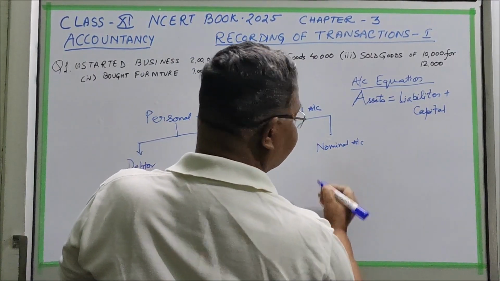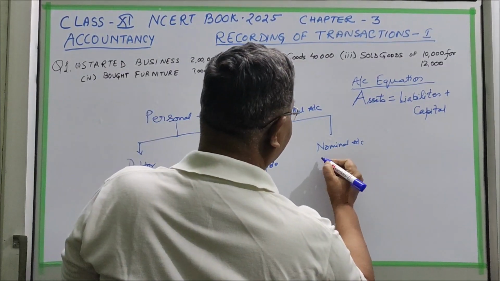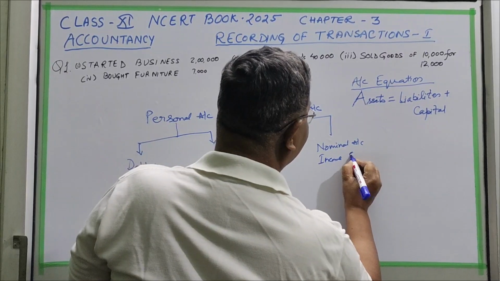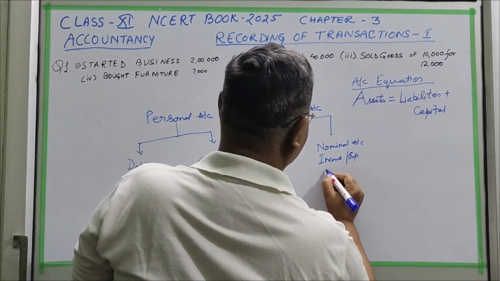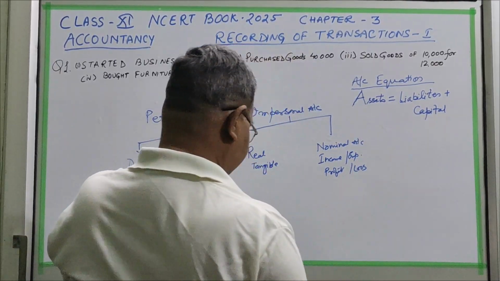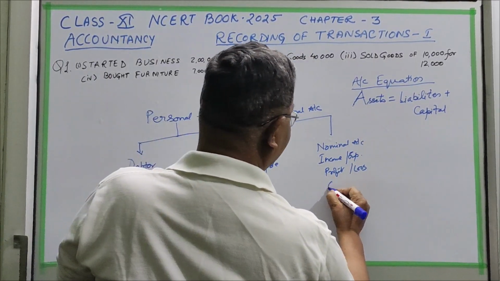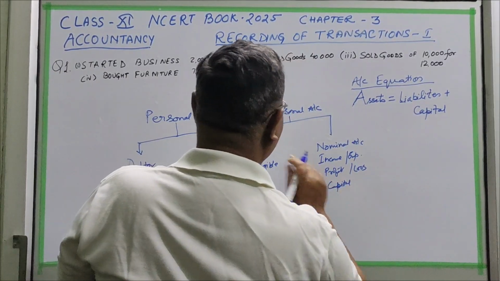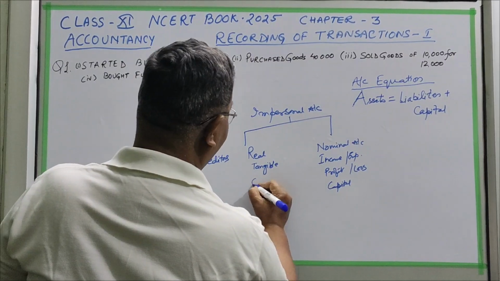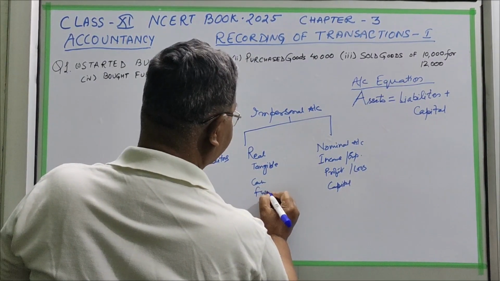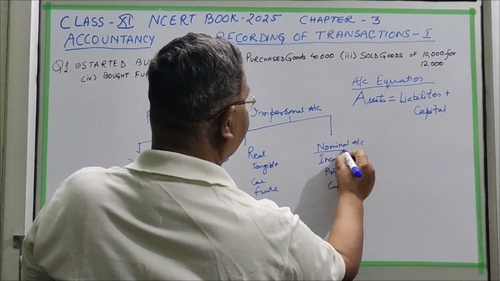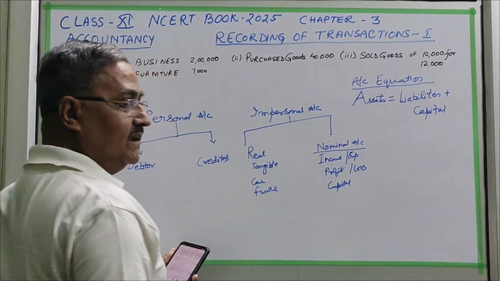Nominal account means intangible, like all our income and expenditure accounts, our profit and loss type of accounts, our capital account, like these. So we have creditors account, real type accounts like cash, furniture, machine, and nominal accounts we have, income and expenditure type of accounts.